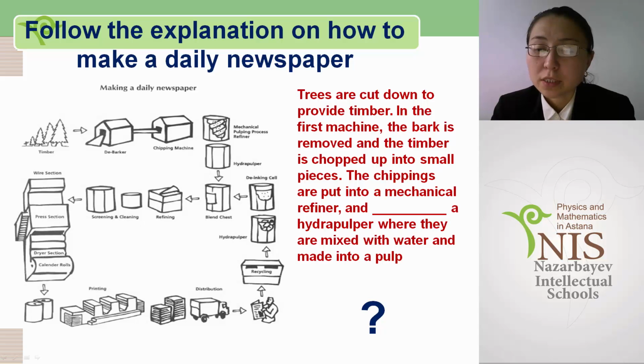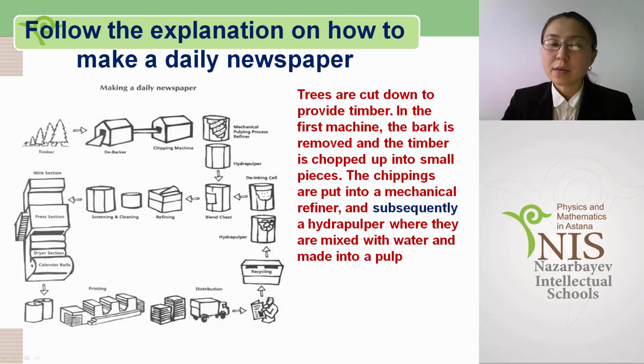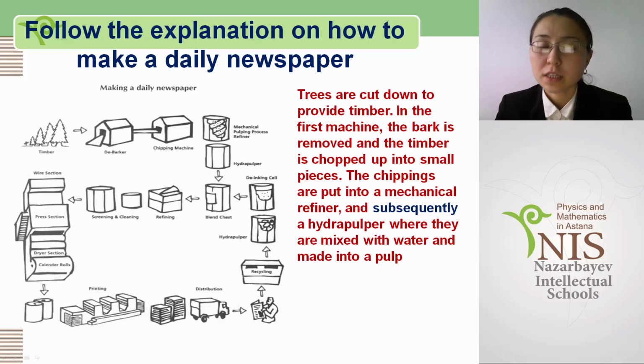The choppings are put into a mechanical refiner and here you put a word, a hydropulper, where they are mixed with water and made into a pulp. Okay, what are your ideas? Good. And subsequently means that this is the next step here.